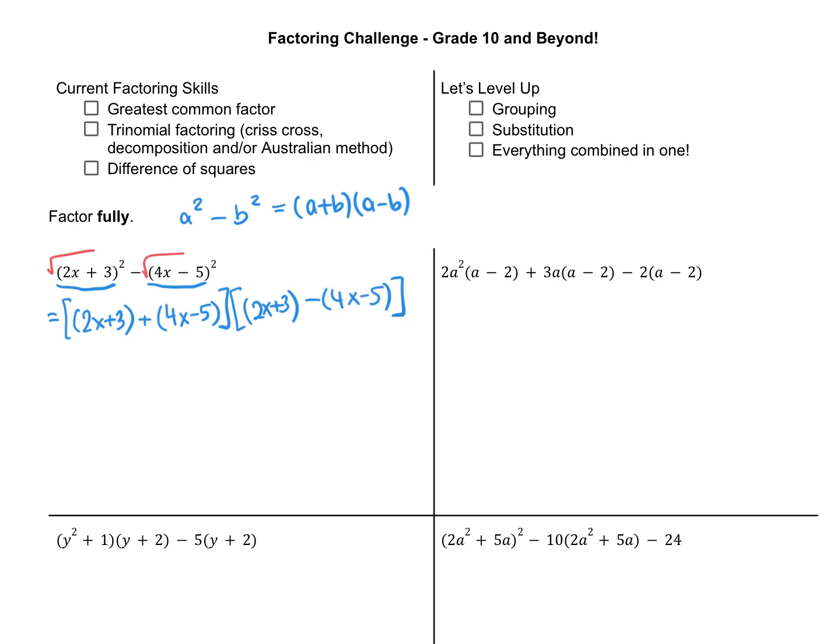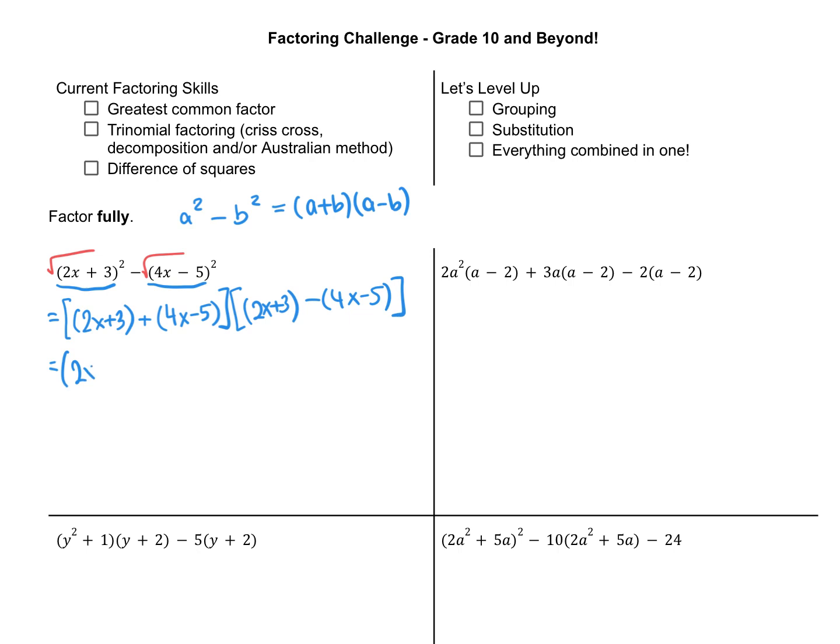I did go a little bit overboard with my brackets. The brackets around 2x plus 3 don't make a difference. The only ones that matter are around the 4x minus 5 because we have to distribute that negative in, which we will do in the next step.